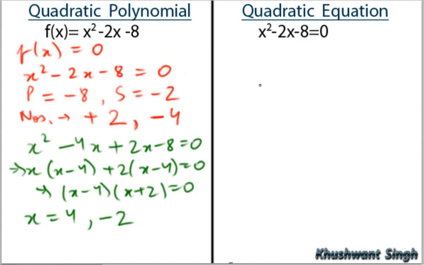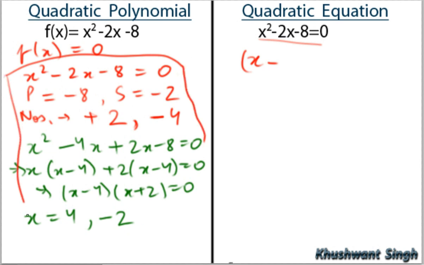Now because this thing is the same as this one, here also, just making it short, this one is going to be x equal to 4 and minus 2.